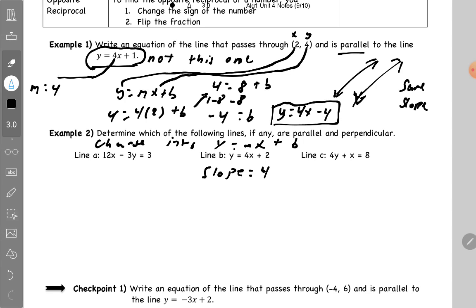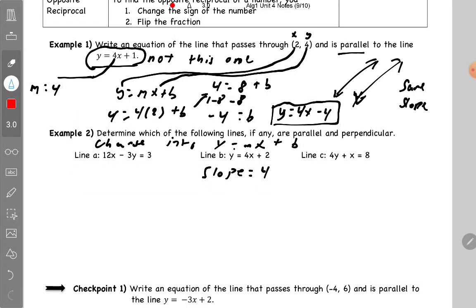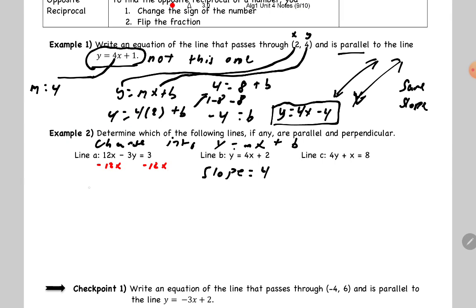Line A. We need to change it into y equals mx plus b. So I'm going to move 12x over. Negative 3y equals negative 12x plus 3. To get y by itself, I'm going to divide by negative 3, so I divide this by negative 3 and this by negative 3.